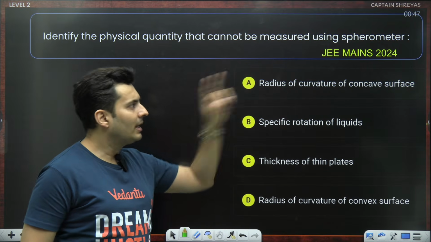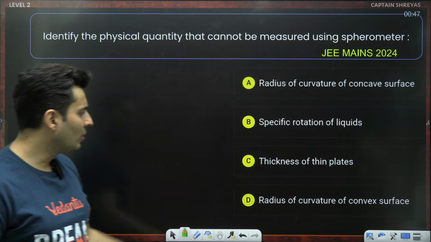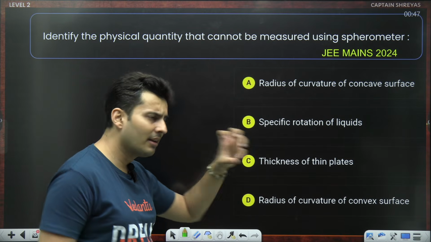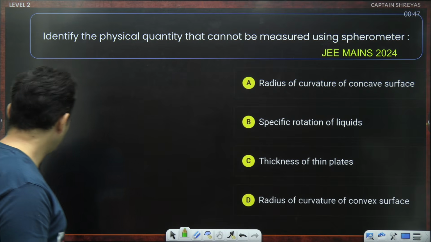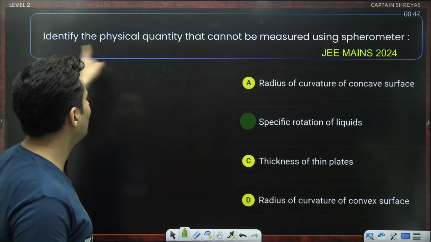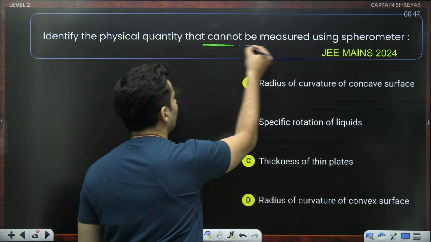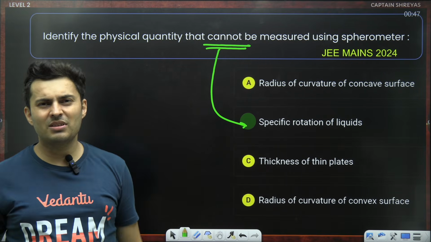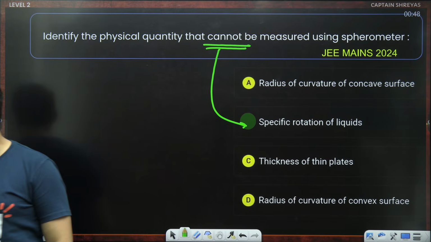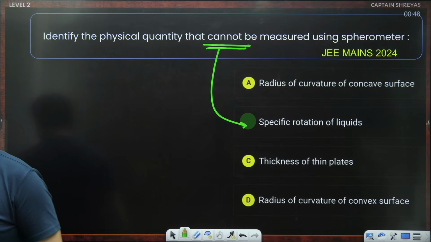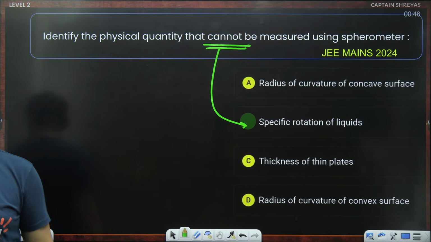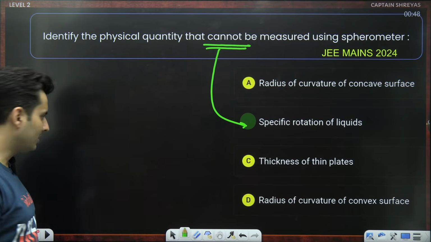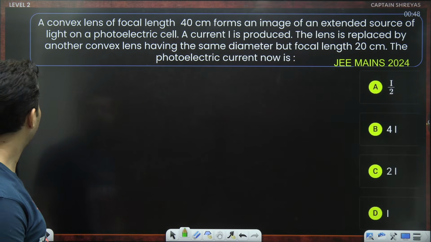So yes, it can be used to measure radius of curvature of a concave or even convex surface, thickness, yes. Specific rotation, no. Remember, it cannot be used for rotation. Specific rotation doesn't make sense. It was a very weird question which was asked in the shifts, and many people thought that something is wrong, but nothing was wrong.